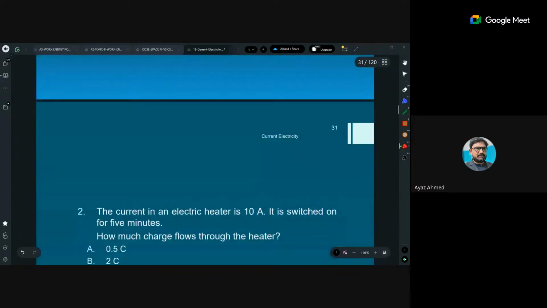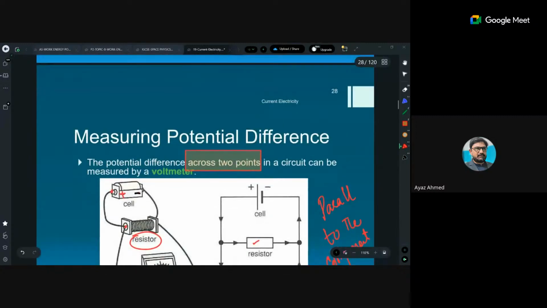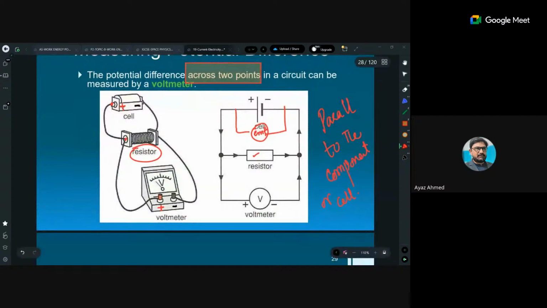अब प्रॉब्लम क्या है? एक छोटा सा क्वेश्चन आप लोगों को आता है कि when the voltmeter is connected across the cell, that voltmeter gives you EMF, and that voltmeter which is connected across the resistor will give you the potential difference. That's it. This is a question which is asked to you. Any confusion till that point?